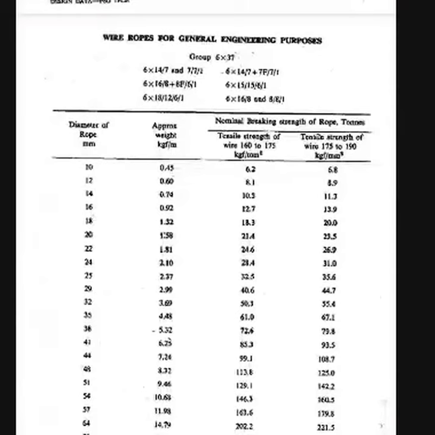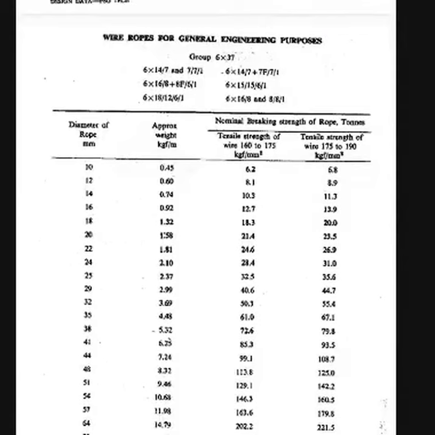Now the properties given here are for the material that is steel. So the name of the material is steel. From this page, you just have to take the tensile strength. You can see two different values of tensile strength are given.